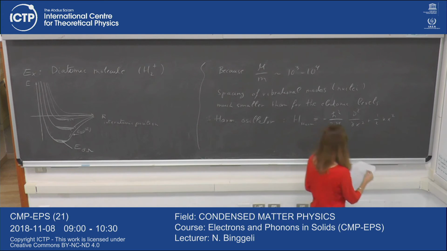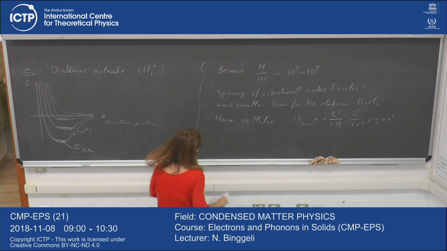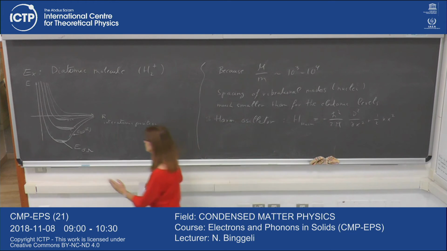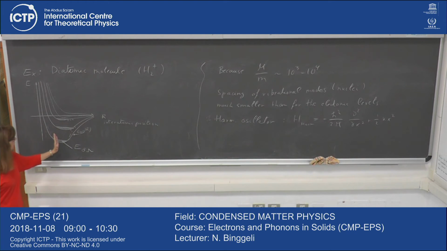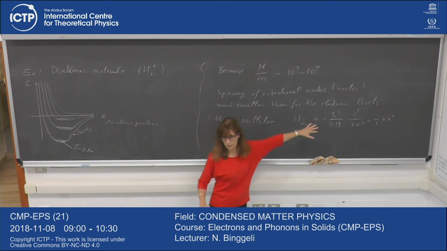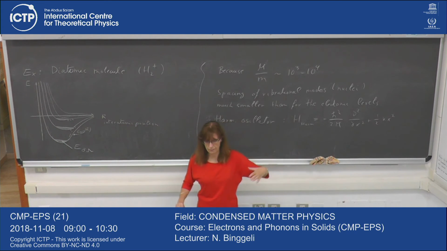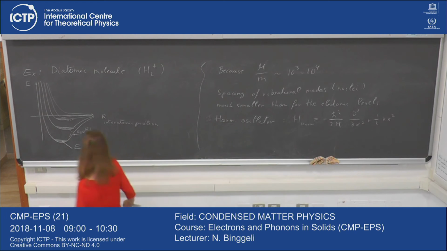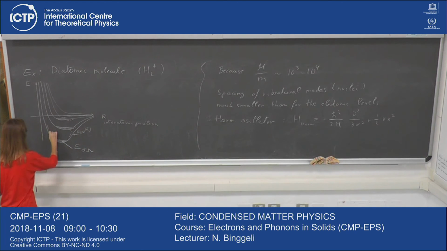So this is the Hamiltonian. If I consider that x is just the displacement with respect to the minimum, this is the Hamiltonian I would have to solve for the nucleus vibration, considering that my potential is essentially parabolic in the region near the minimum, which is the relevant one to get the lowest state.